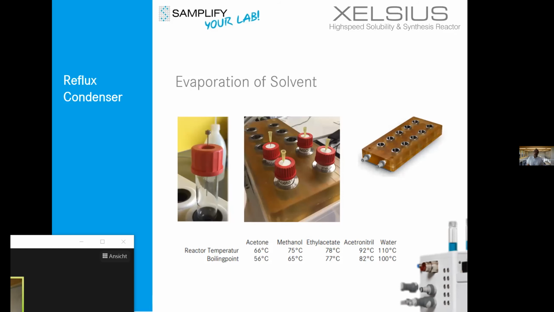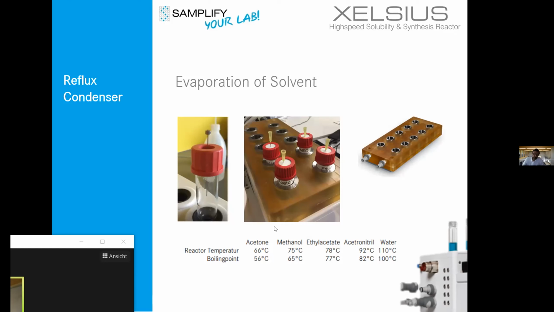And another question, especially for long-term reactions, is evaporation of the solvent. So when doing long-term reactions, let's say 12 or 24 hours, and you boil it at a higher temperature than the boiling point of your solvent, and you maybe have not a closed vessel, there is a loss of solvent to observe.